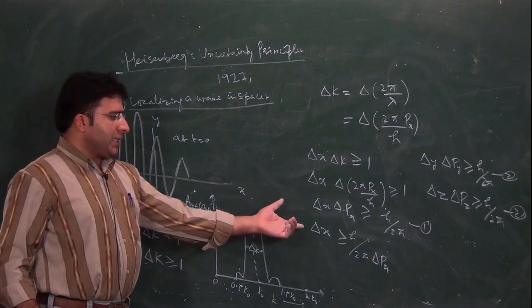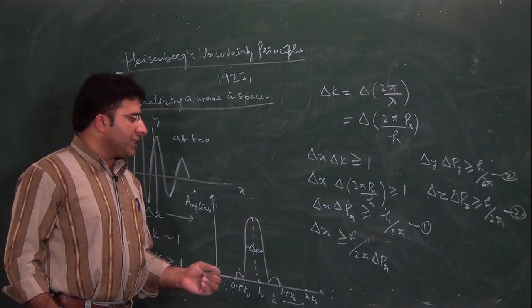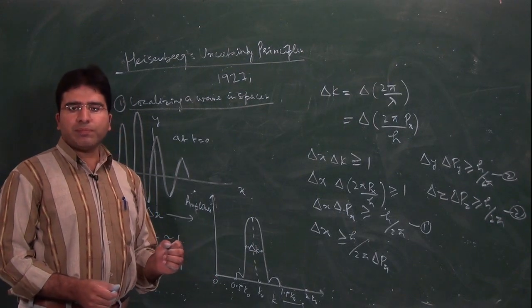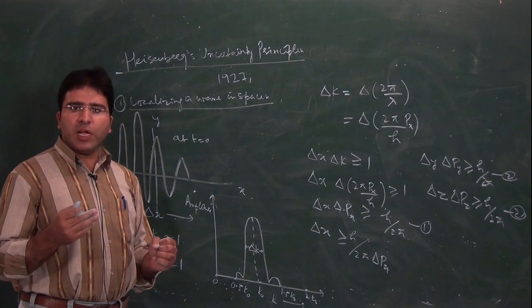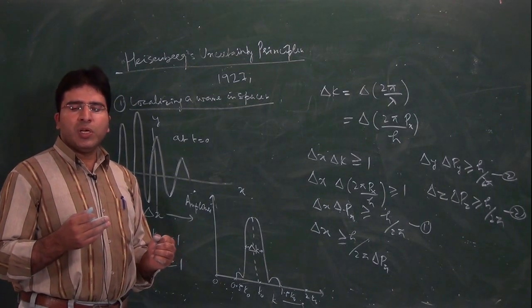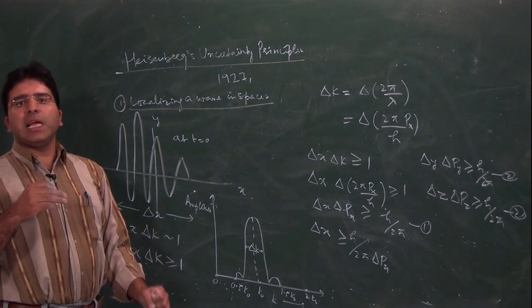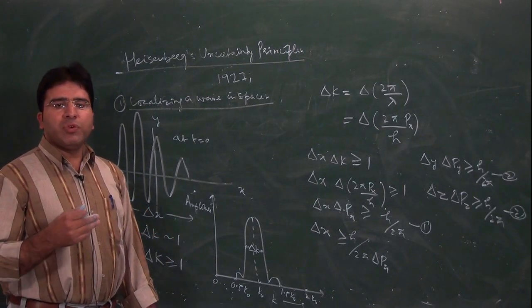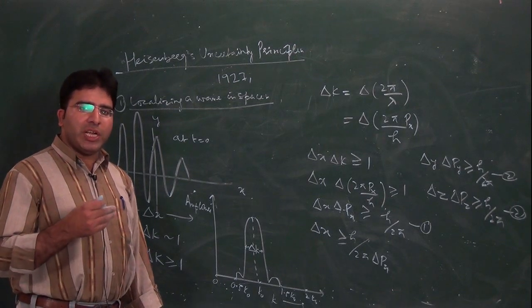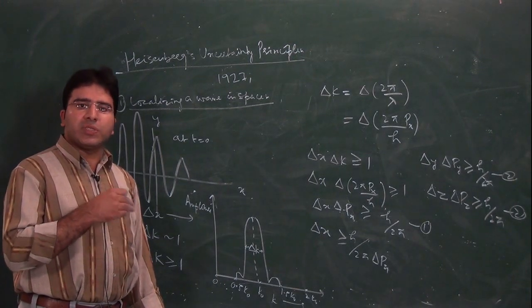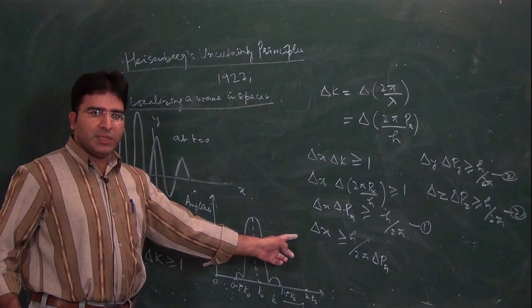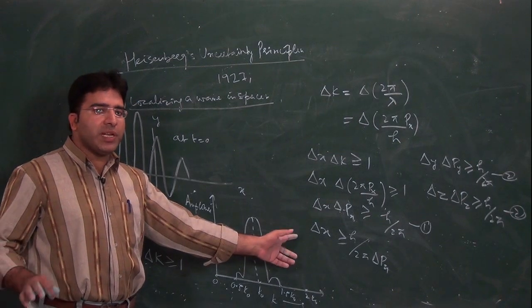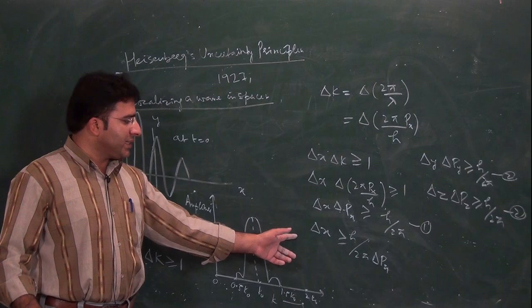In quantum mechanics, we say that nature has restricted us. We cannot know about nature more than it allows us to know. We can know about nature only to the extent it allows us, because this is a restriction. And this restriction is because of the dual nature of matter and radiation.